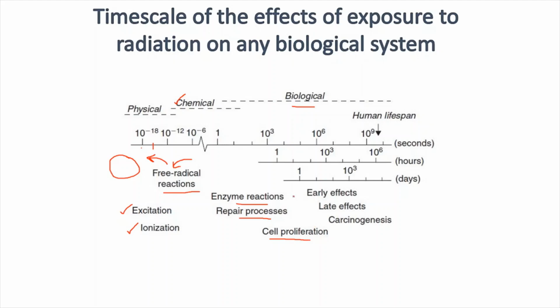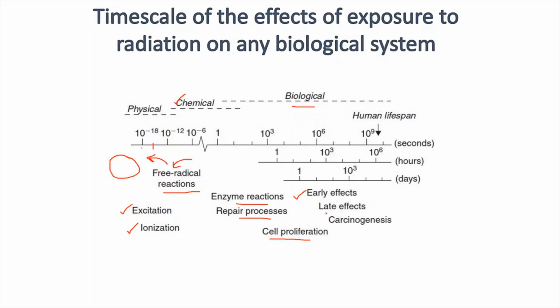Moving forward to early effects, these are seen primarily when stem cells are killed or there is a loss of stem cells, and examples are the breakdown of the mucosal layer as well as hemopoietic damage.